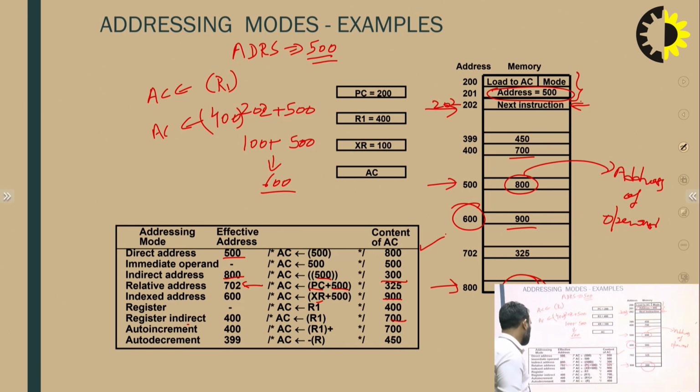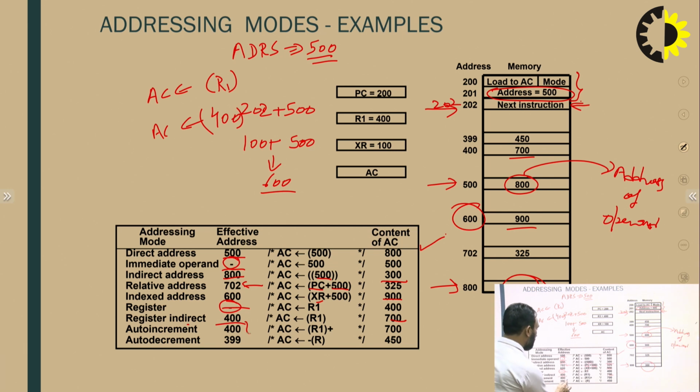So if we see, there are only two modes, immediate addressing mode and register mode, that don't have any effective address. That is generally a viva question: the addressing modes which don't contain an effective address. There are two modes, immediate addressing mode and register addressing mode. Register indirect addressing mode contains the address.